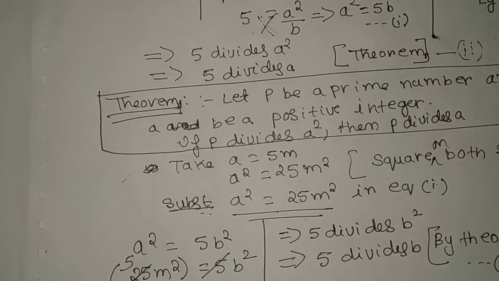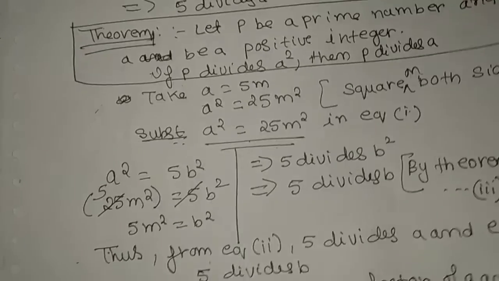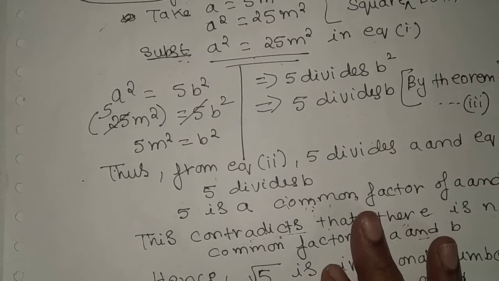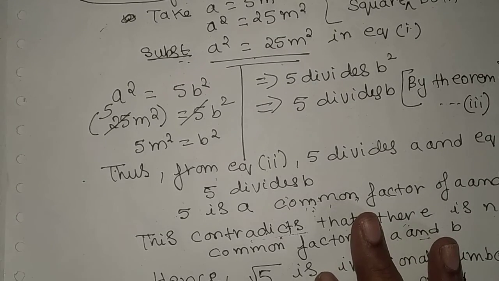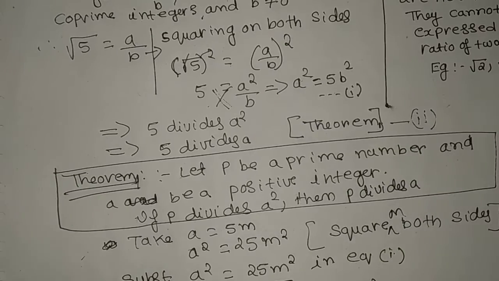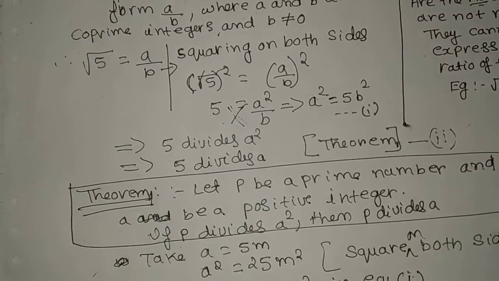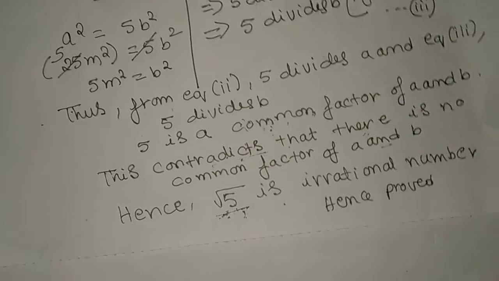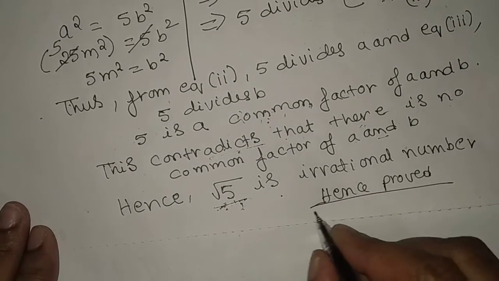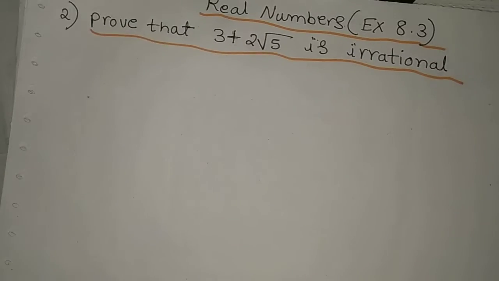So you have to write each and every step. Since the problem asks us to prove it is irrational, we have to assume it as a rational number, and finally we have to prove that it is an irrational number. So we move on to the next question.